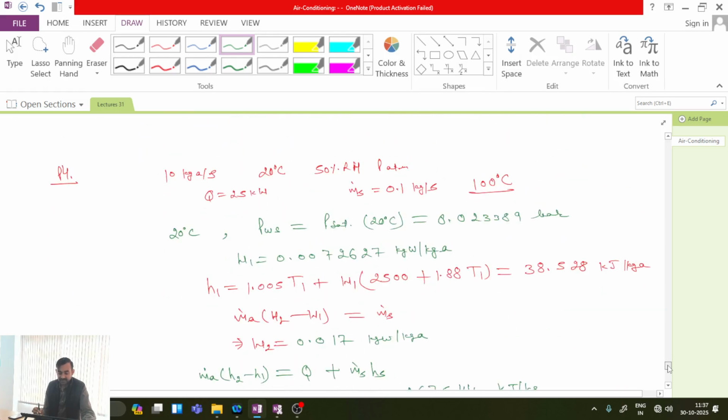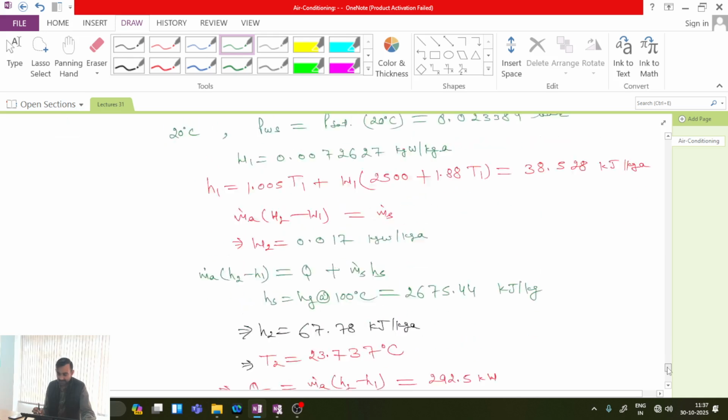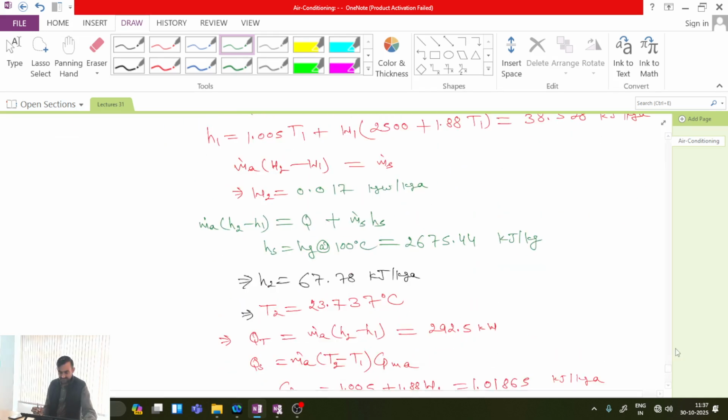Yeah, in 3 I have calculated, in 4 from H2 only I calculated. That's the previous. H2 can be written as 1.005 T2 plus W2 into (2500 plus 1.88 T2) from here also.